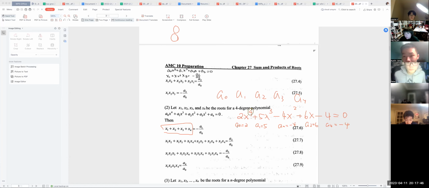Because the degree is 4, right? So the most possibility of these equations, 它只有4个 number，对不对？所以 x1 加 x2 加 x3 加 x4 等于什么？Negative A1 divided by A0. So if these 4 roots plus together equals negative 5/2. Get it, Kelvin?